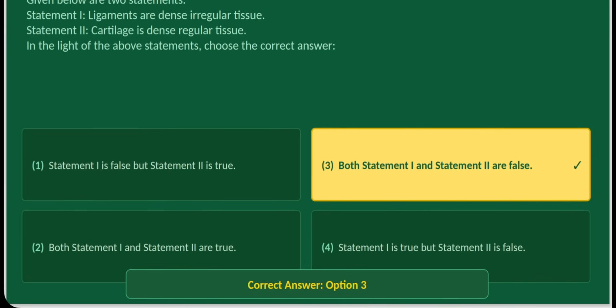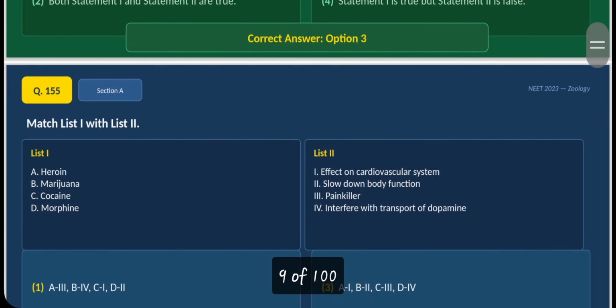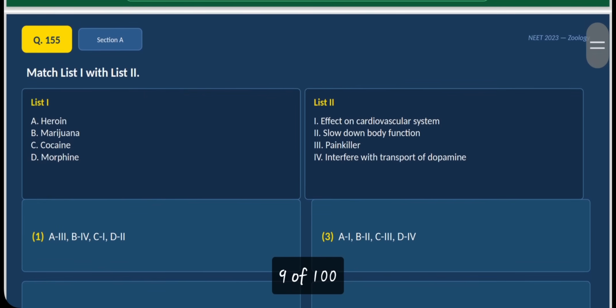The next question is from the drugs part of the Human Health and Disease topic. Match the following list: heroin, marijuana, cocaine, morphine. In list B, they have given effect on cardiovascular system, slow down body function, painkiller, and interfere with transport of dopamine.